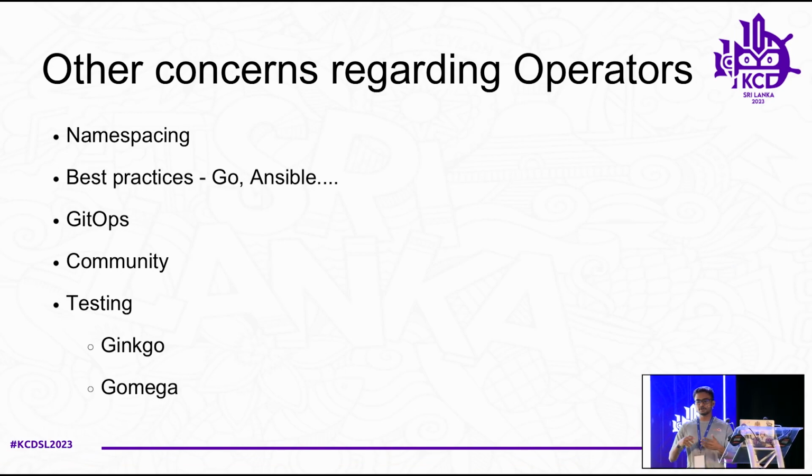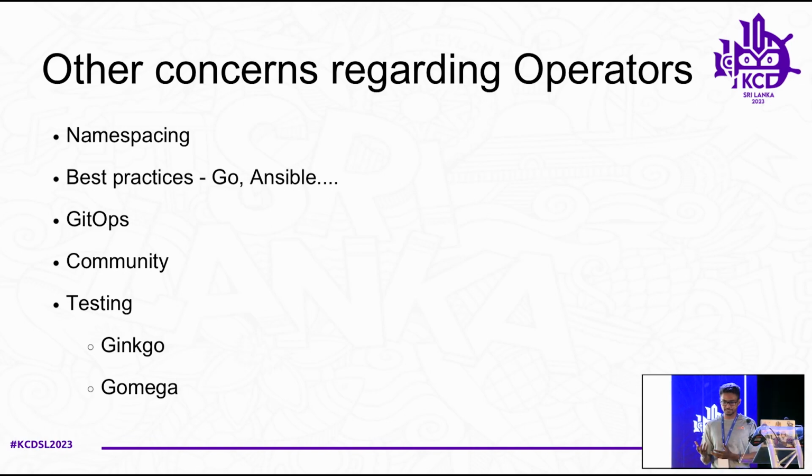Now, when you're writing a Go operator, you have to follow basic programming best practices. Like you have to refactor the code, you have to add comments as well, because this operator code is not very structured. You have to create the structure yourself.